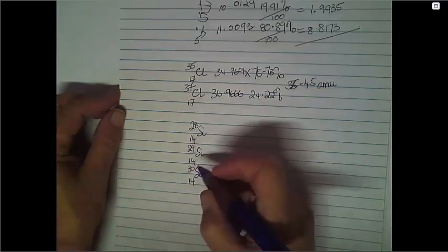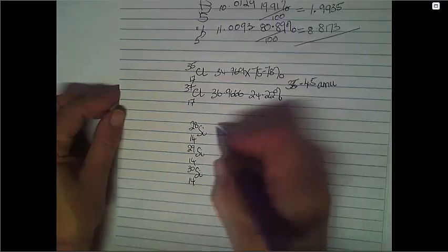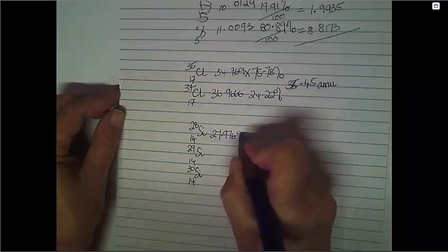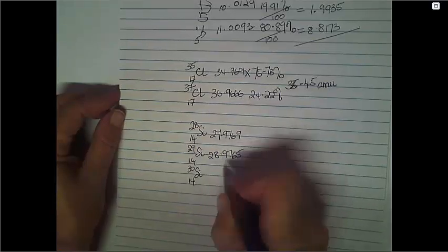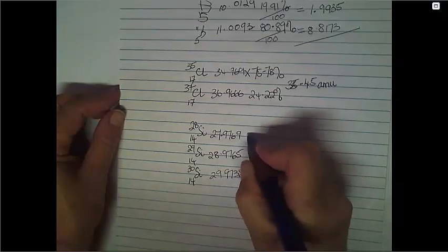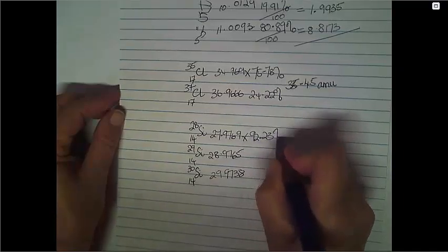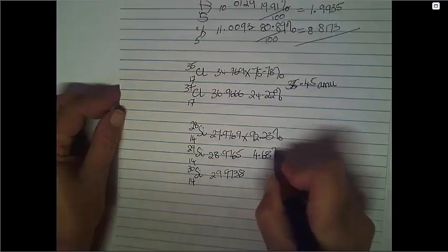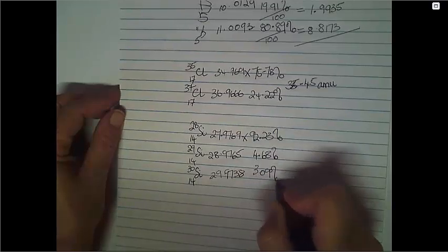The abundances here, silicon 28 is by far the greatest abundance, but let's look at its actual mass first. 37.9769, 28.9765, 29.9738, multiplied by 92.23% and 4.68% and 3.09% respectively.